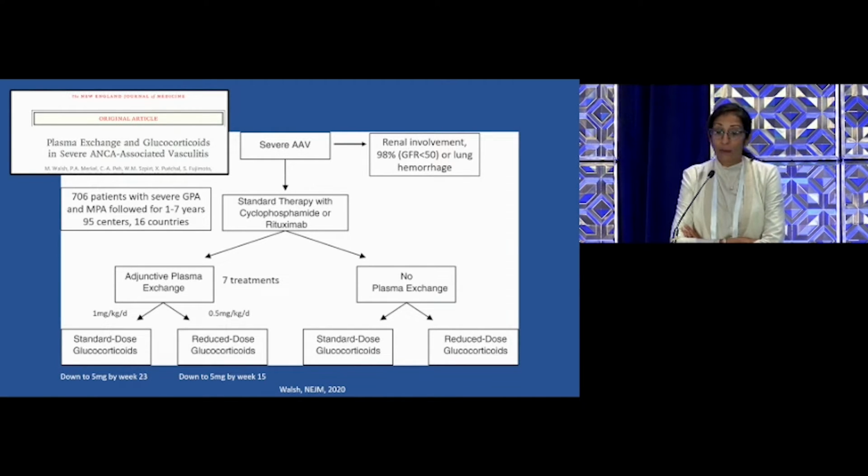So patients were randomized to either getting plasma exchange or no plasma exchange, but then they were further randomized to either getting standard dose glucocorticoids or a reduced dose. And what that means is, with standard dose, usually we're getting down to 5 milligrams of prednisone by like 5-ish months. With the reduced dose, we were getting you down to 5 milligrams within like 2 to 3 months. So a significantly shorter time of being on steroids.